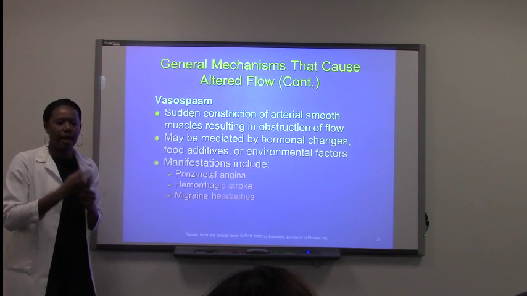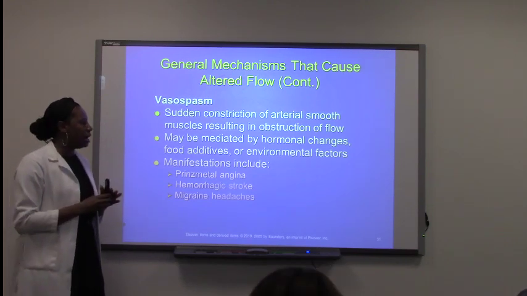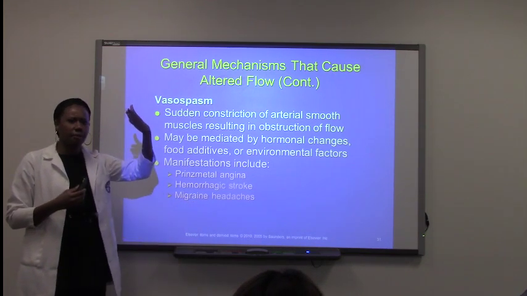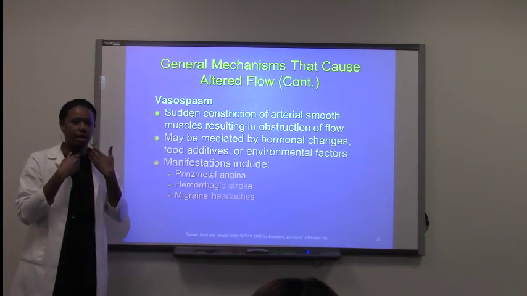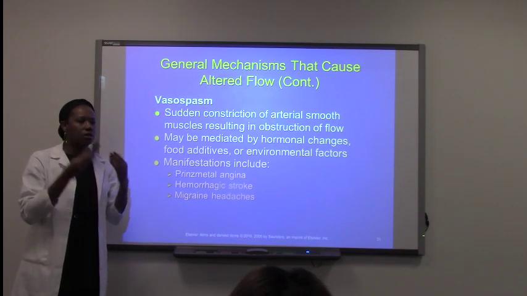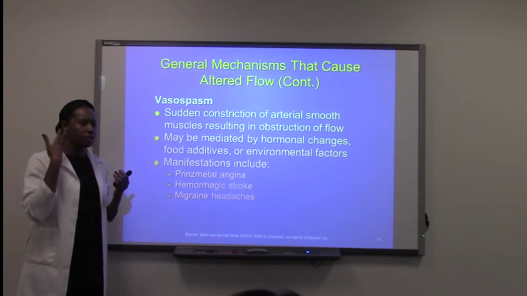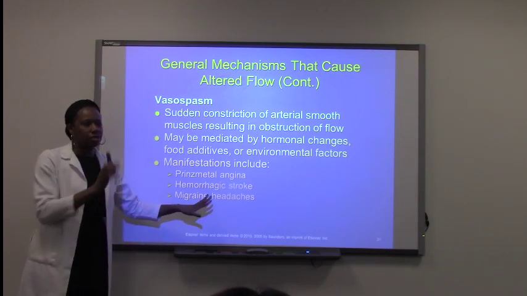How do you reduce the spasm and relieve that headache? One way I was taught in school, I know this sounds weird, is to put a cold pack on your forehead and a hot pack around your neck. The combination of heat and cold relaxes the vessel at just the right moment to let the blood flow through, and it calms down the headache. So that's just an alternative treatment.